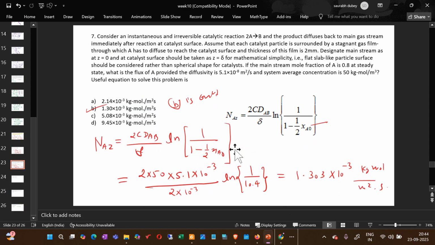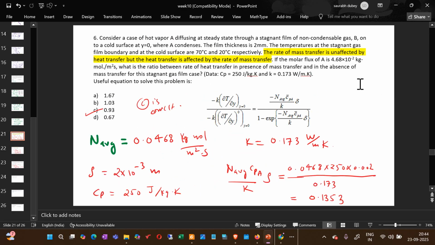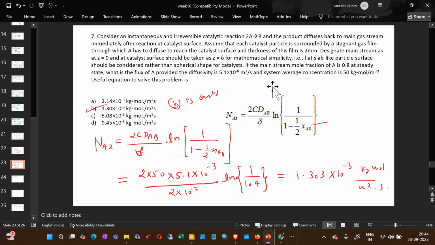Just moving to the next problem. Some basics. Reaction order to be 0.4, right?